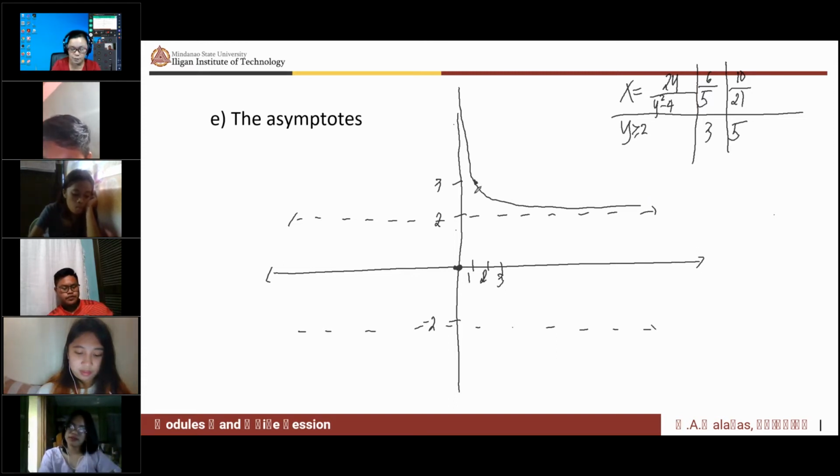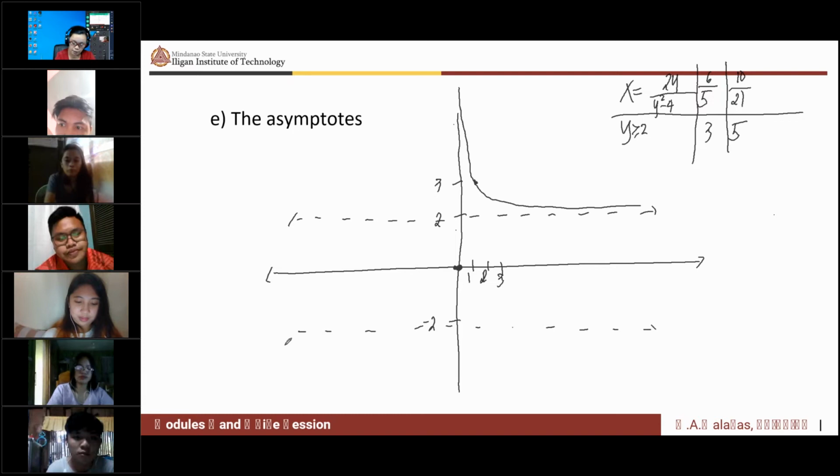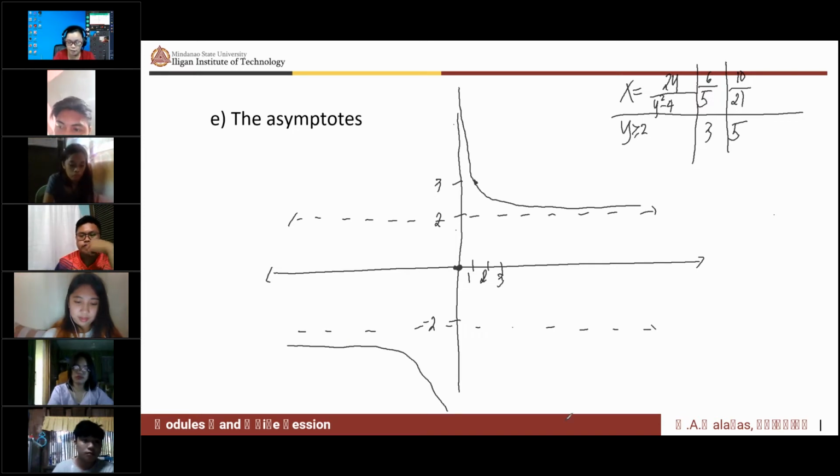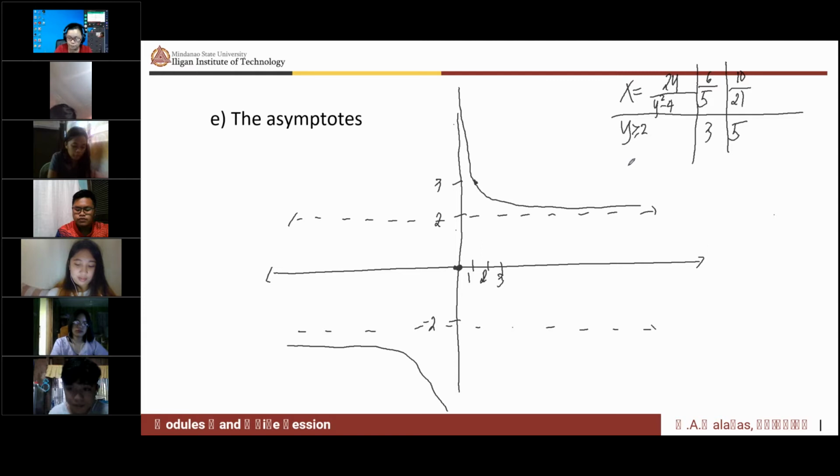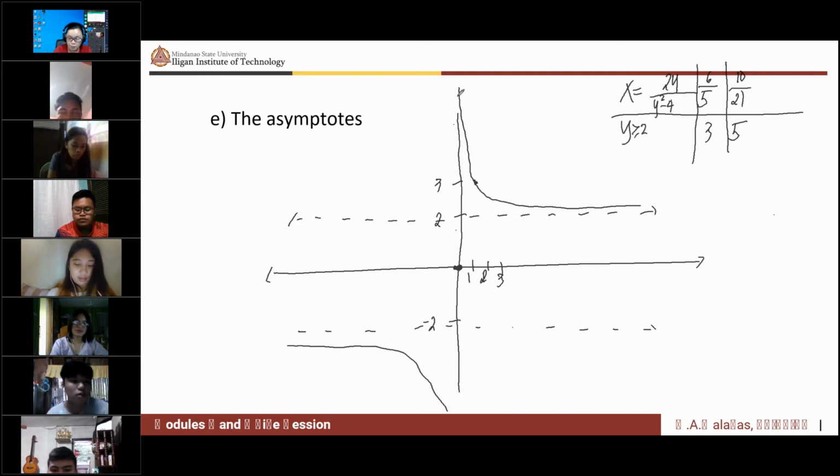And of course, because it's symmetric with respect to the origin, you would also expect some graph in here. That information that the graph is symmetric with respect to the origin is very important, because plotting some points here will give us an idea that there are also points in here.